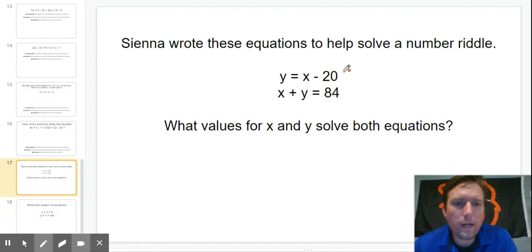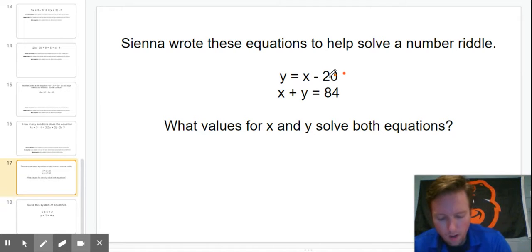What can we determine from our first equation, y equals x minus 20? We can figure out that y is 20 less than x, because this number minus 20 equals y.